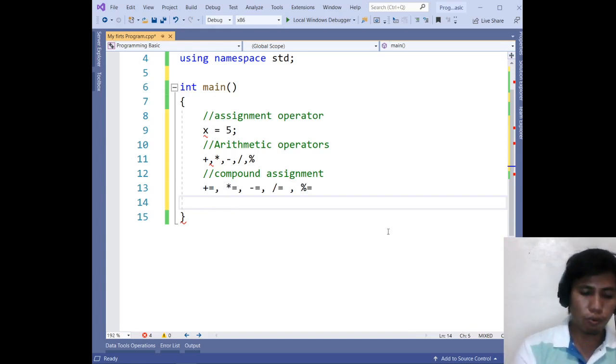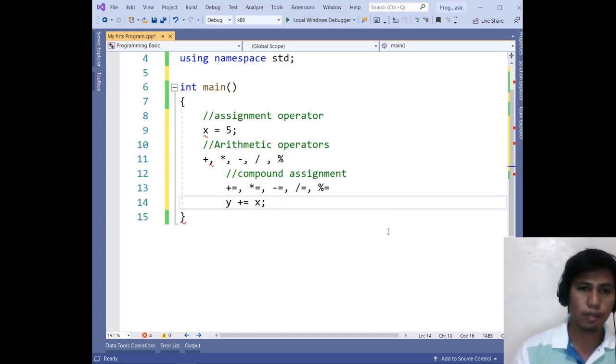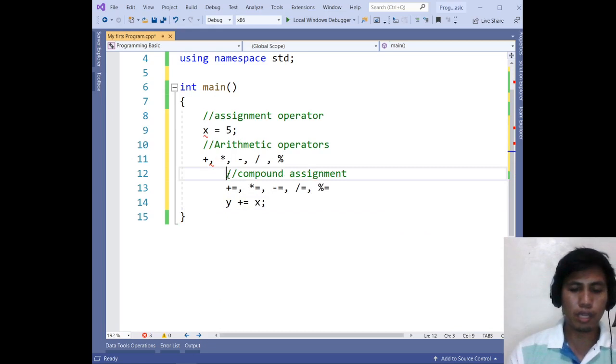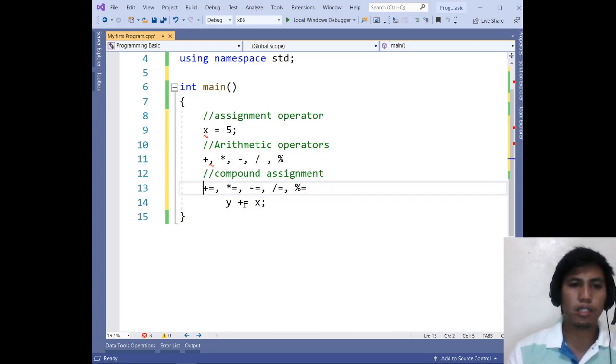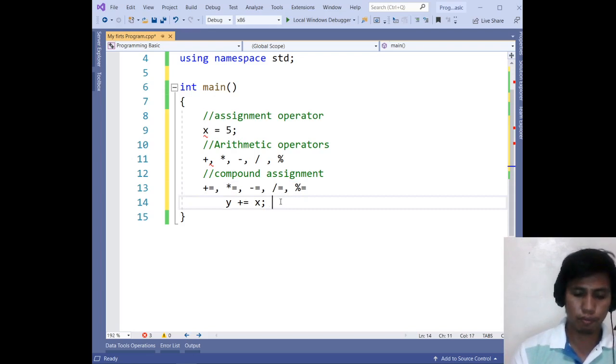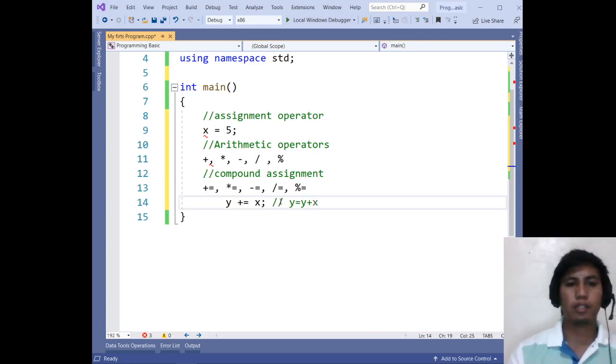So when you say y plus equals x, right. Pag sinabi po natin ganyan, y plus equals x, ang ibig sabihin niya po yan is y equals y plus x. That's it. That's the meaning. The same with asterisk equals, minus equals, slash equals, and modulo equals.